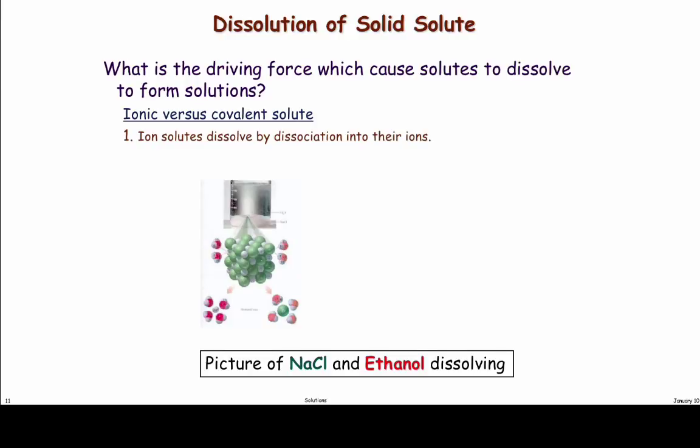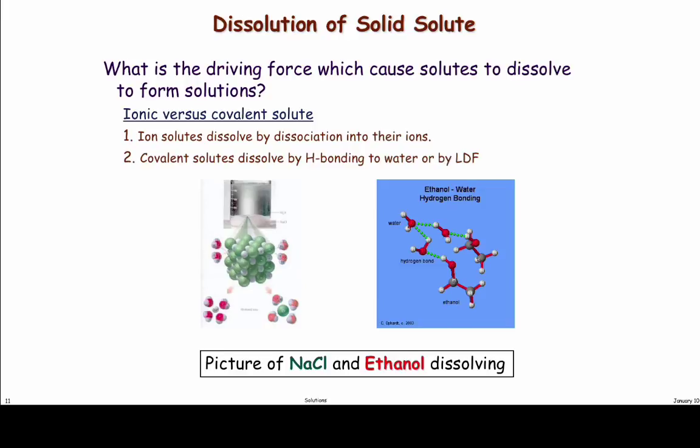Here you see an example of water orientating itself to the ions in sodium chloride, thus breaking it up and breaking up the lattice. When covalent substances like alcohol dissolve, remember, alcohol like ethanol is covalent because it doesn't have any metal in its molecular formula.